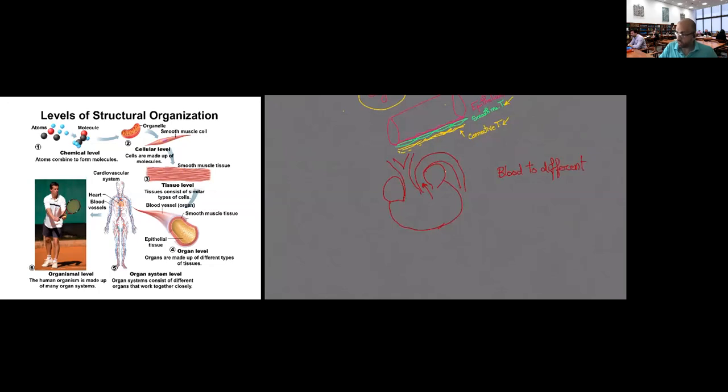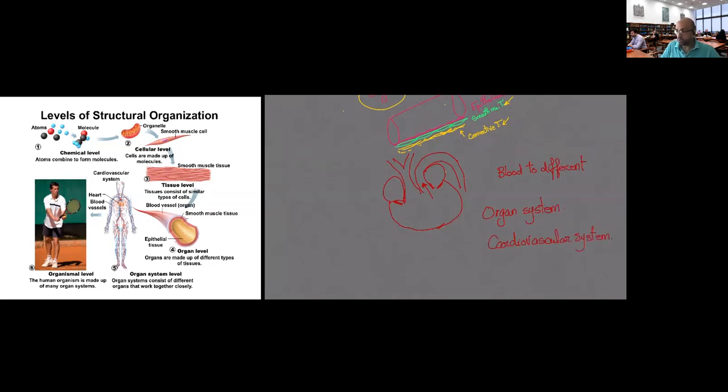And I can't conduct the blood just by having heart without blood vessels. I can't conduct the blood to the different organs having blood vessels without heart. So all of them are going to be contributing together to form what we call an organ system. And we call the organ system in here, formed by the heart and the blood vessels, the cardiovascular system.